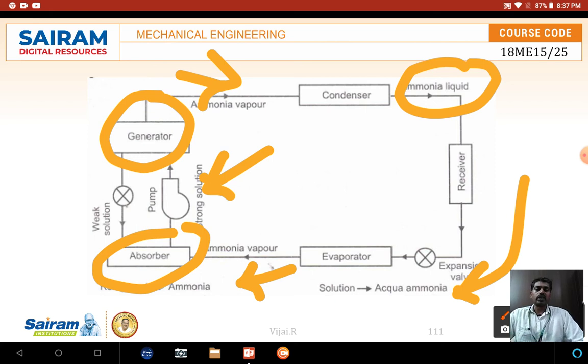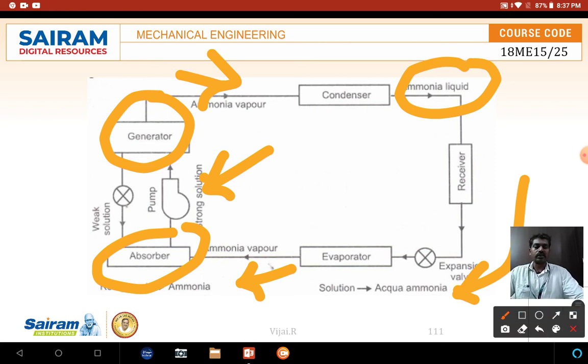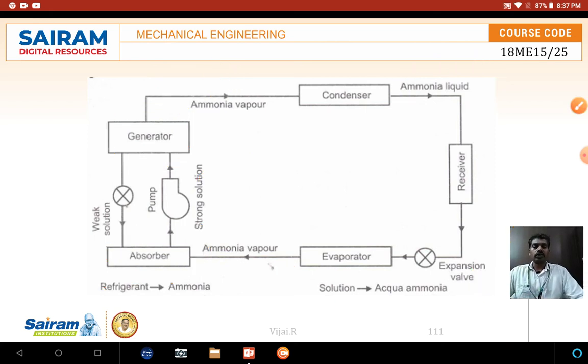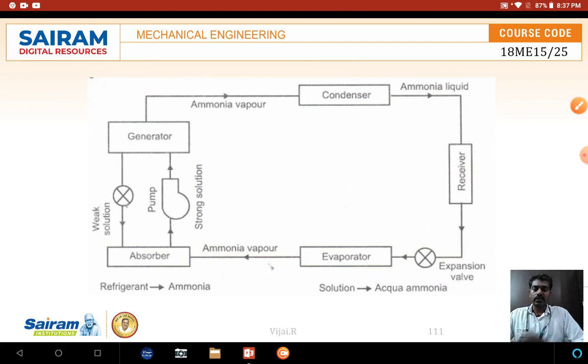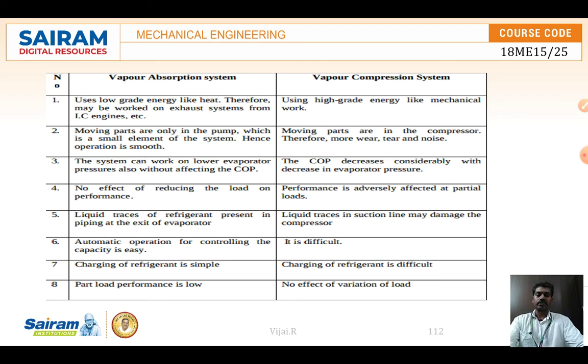So this cycle will take place continuously. So this is how ammonia solution and ammonia vapor are formed in this vapor absorption system. We call it the vapor absorption system, and previously we have seen the vapor compression system. So this is how the vapor absorption system works.